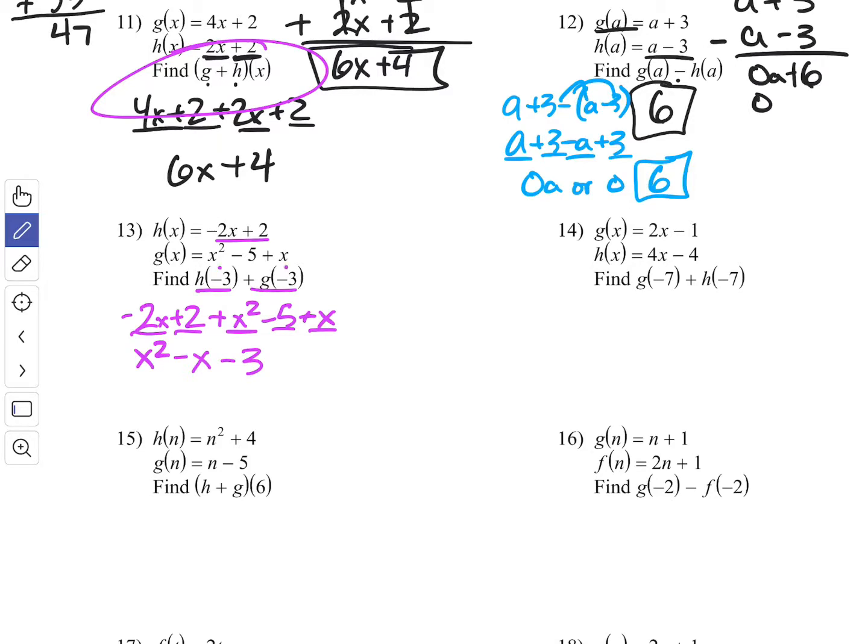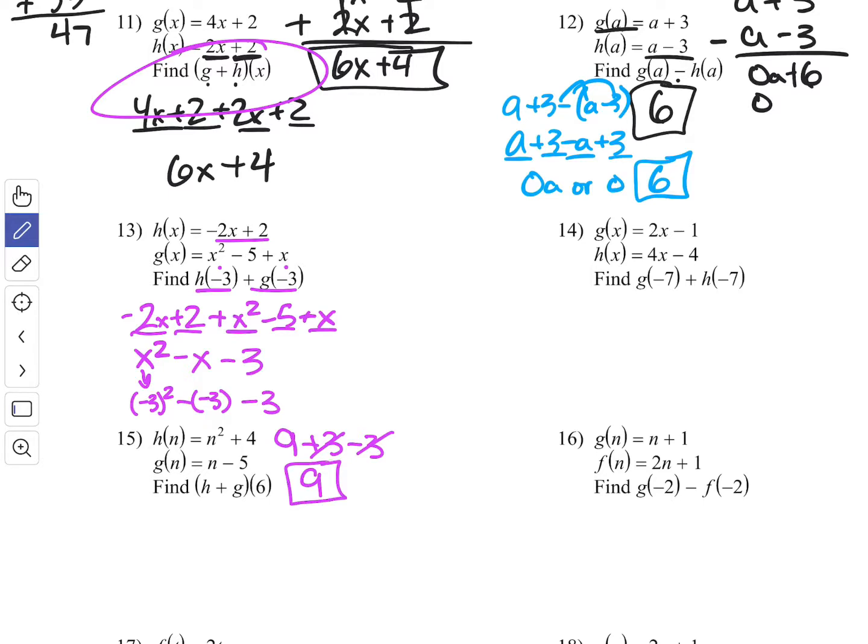Then I'm going to evaluate at negative 3. So everywhere there's an x, I'm going to put a negative 3. Negative 3 squared is positive 9. Minus a negative 3 is plus 3 minus 3, which undo, and we're left with 9. So in these ones, you're going to end up with a number every single time. That's one way to do it.